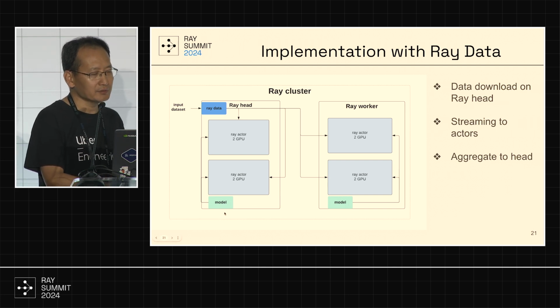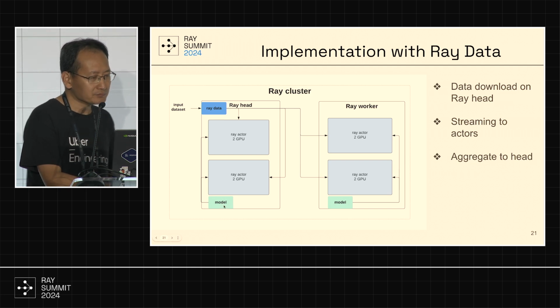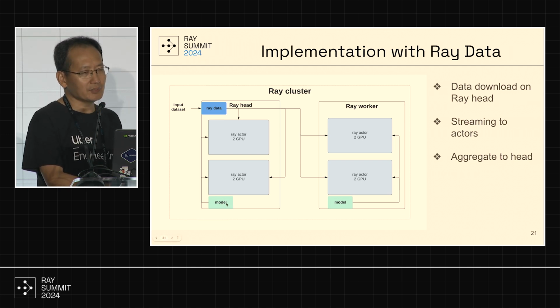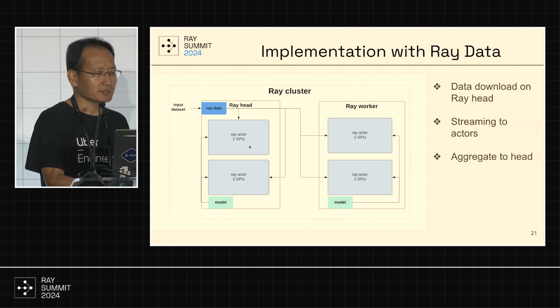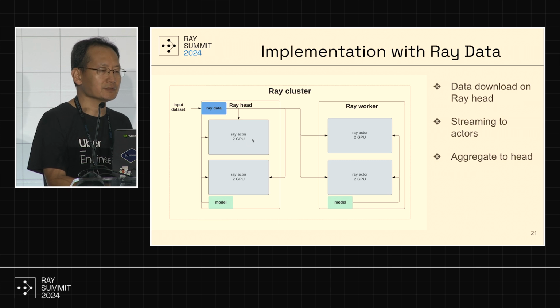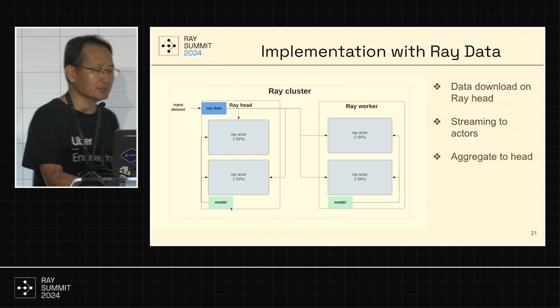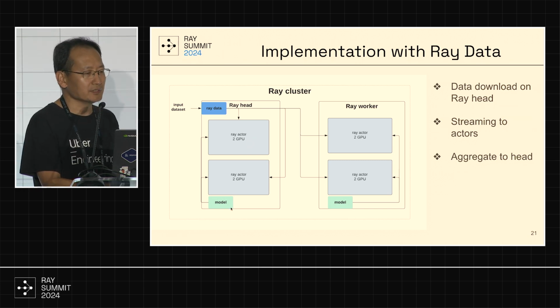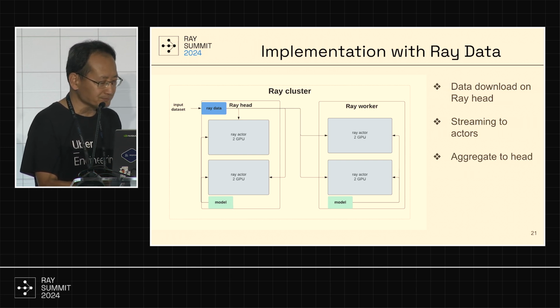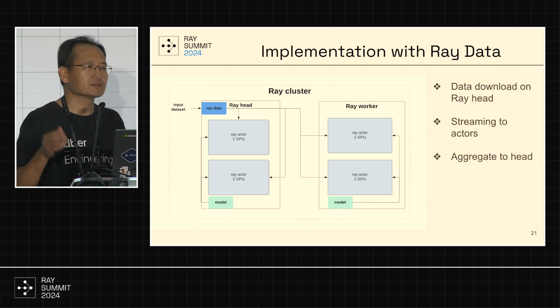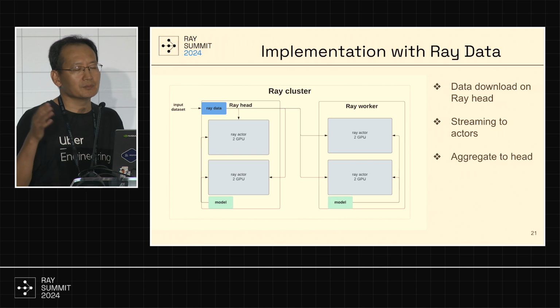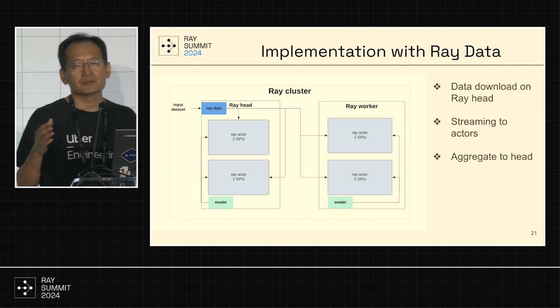For the model, we used to download the model for every actor, so each got its own copy. But as I mentioned, the model is large, so one issue is it takes resources, and another is that when you have many of them downloading concurrently, you pose network pressure on your system.